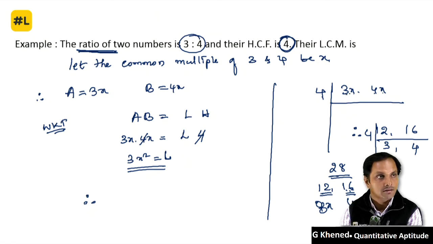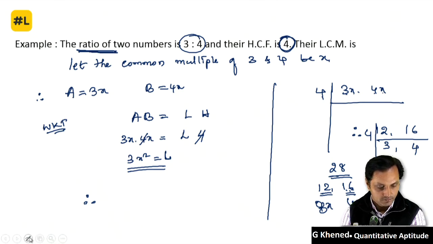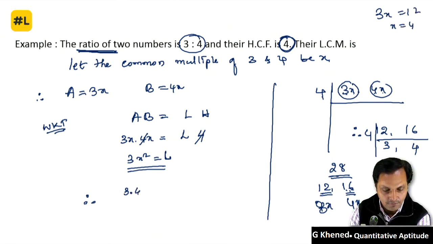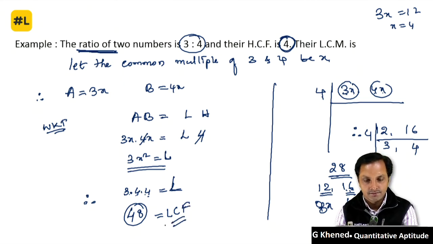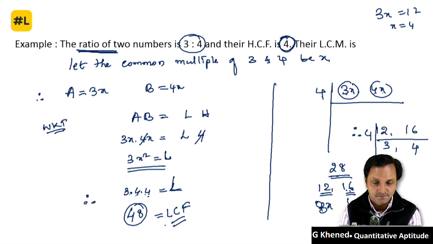So if this is 12, when you take this here, 3x is 12, x will be equal to 4, therefore 3 4s and 4 4s. What will your LCM be? 4 4s are 16, 4 3s are 12, 12 4s are 48. The lowest common multiple is 48.